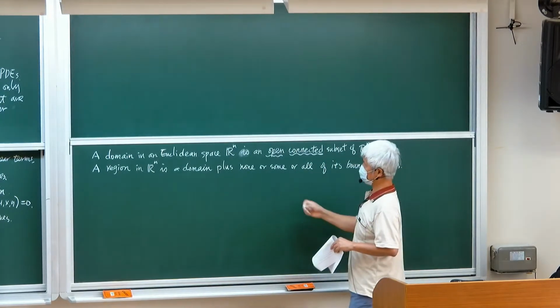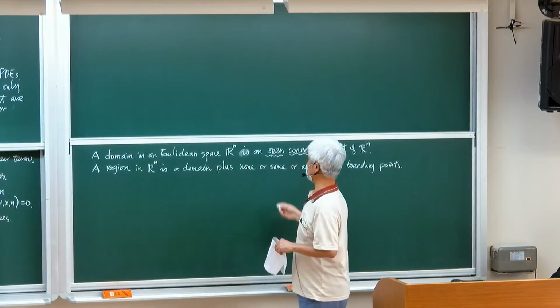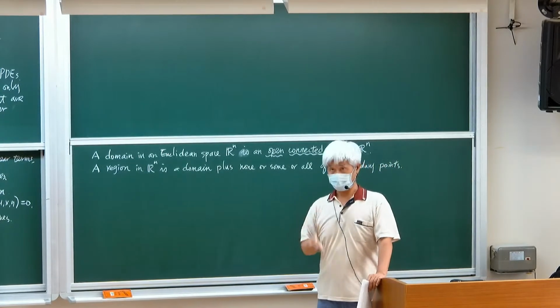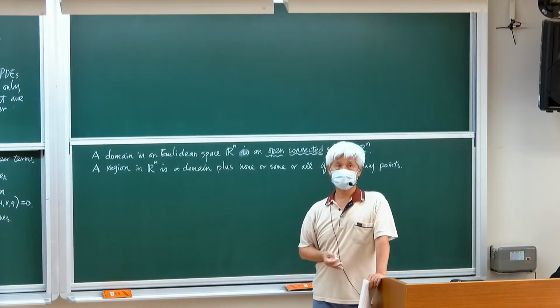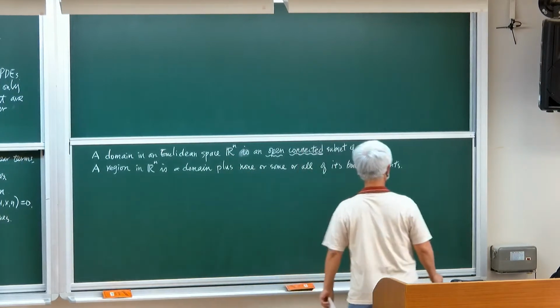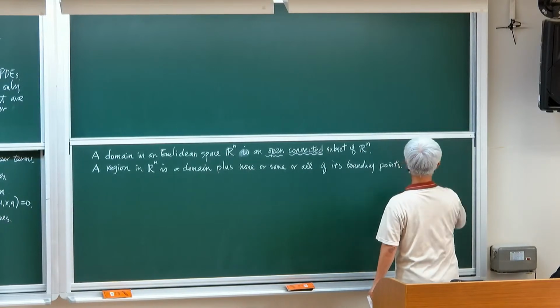Of course, if a region does not include any boundary point, then such a region is just equal to a domain. But sometimes, so let's see in R2. Let me take some examples.